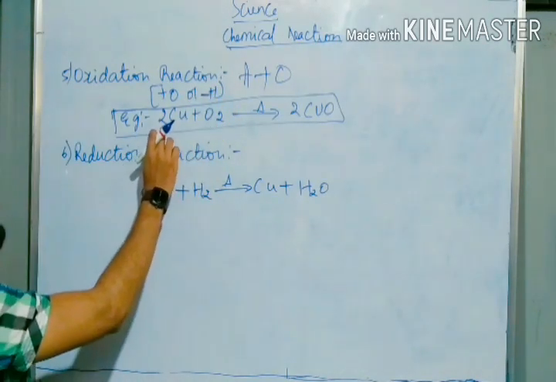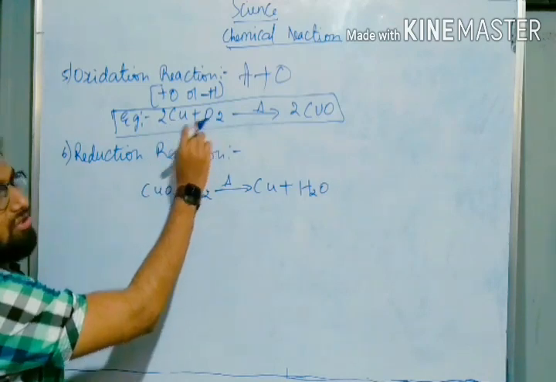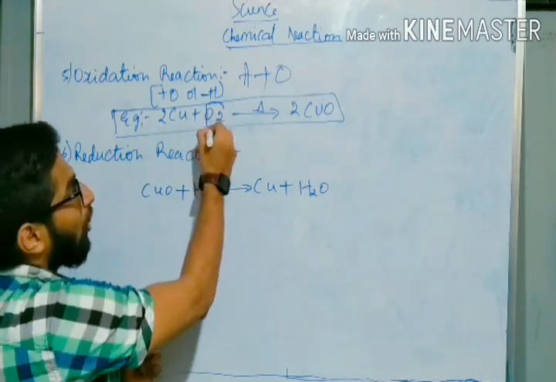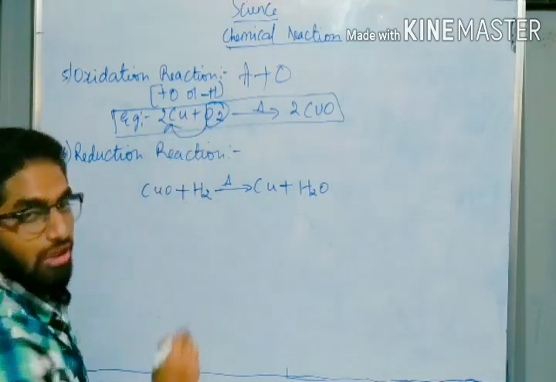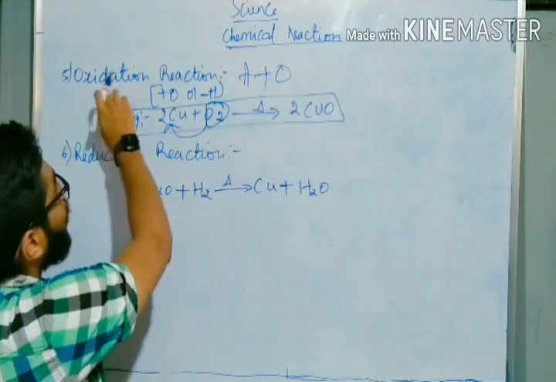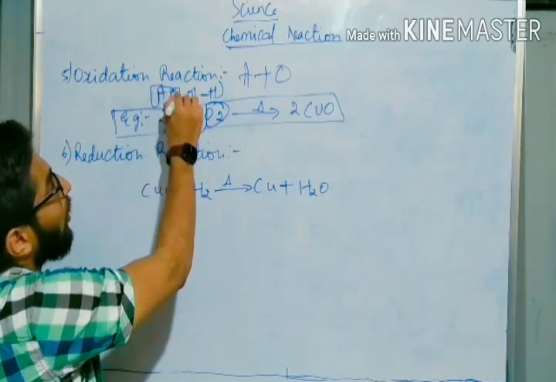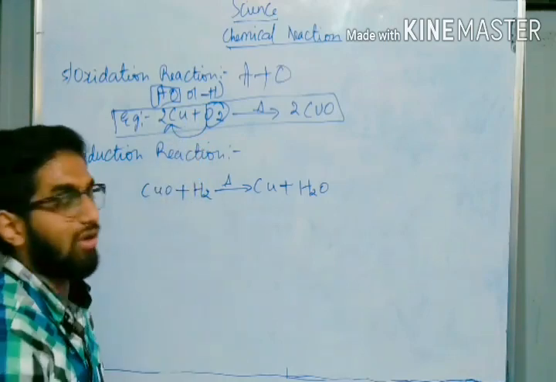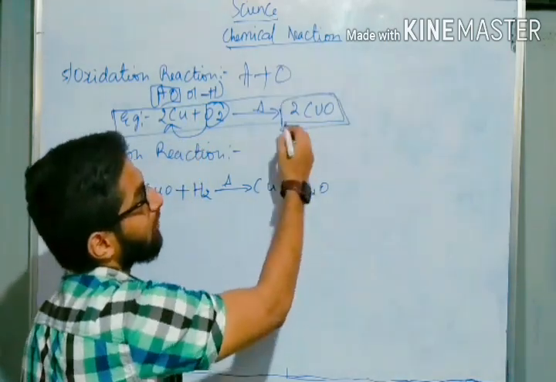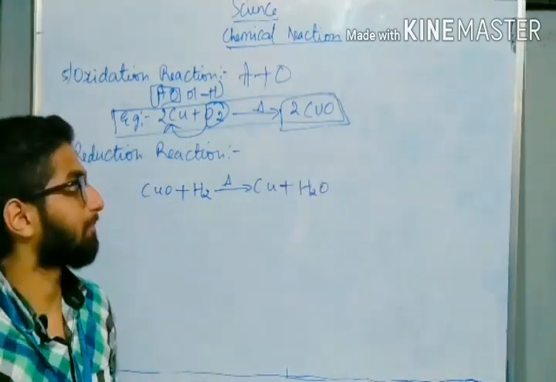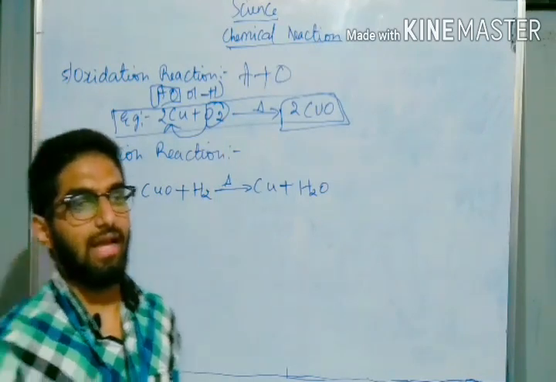For example, here we are taking copper plus oxygen, where oxygen is adding to the copper. So this is your oxidation reaction, where oxygen is getting added to a substance and you are getting the final product as copper oxide.